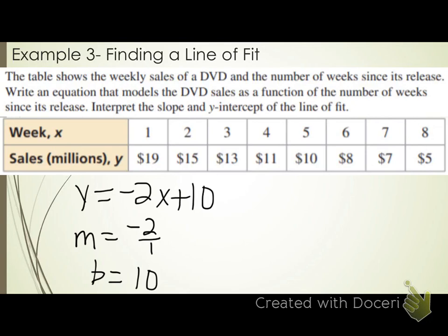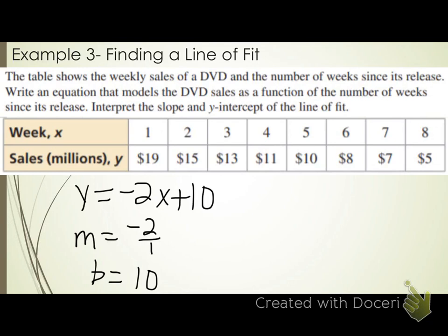And that'd be me interpreting the slope. Does that make sense? Because remember, change in y values are representing my sales of millions. So the sales are decreasing by $2 million per 1 week after the DVD has been released. That's what I would put on my paper.